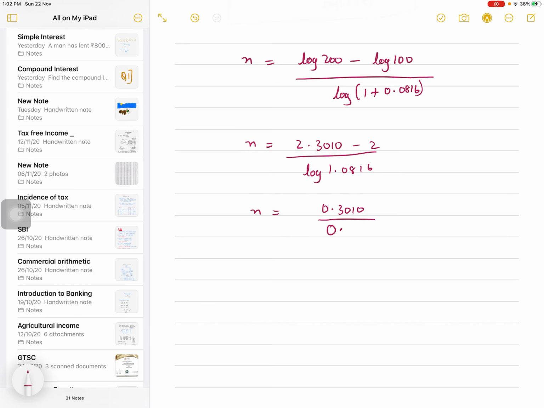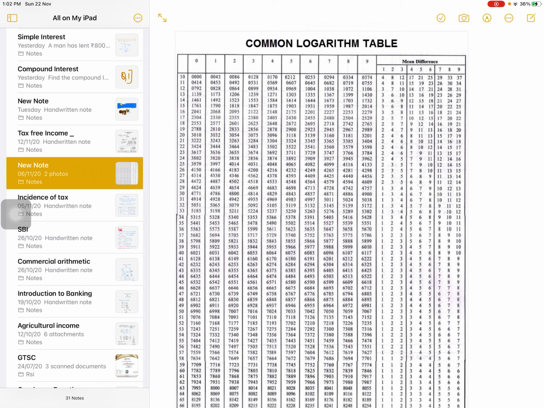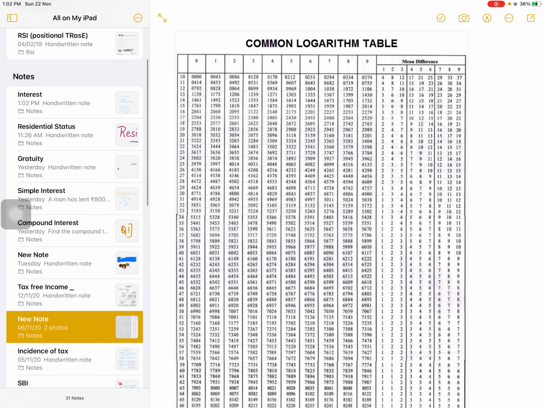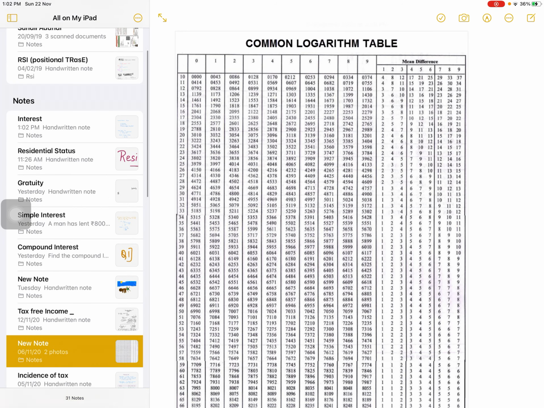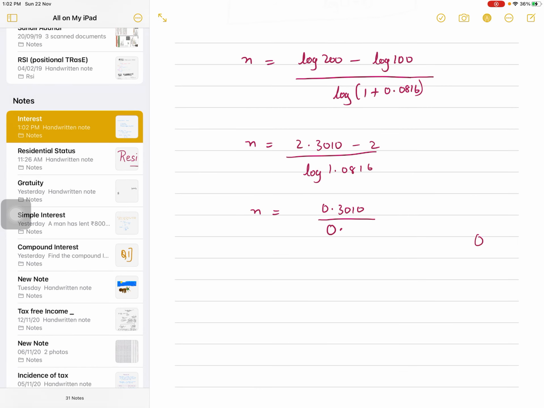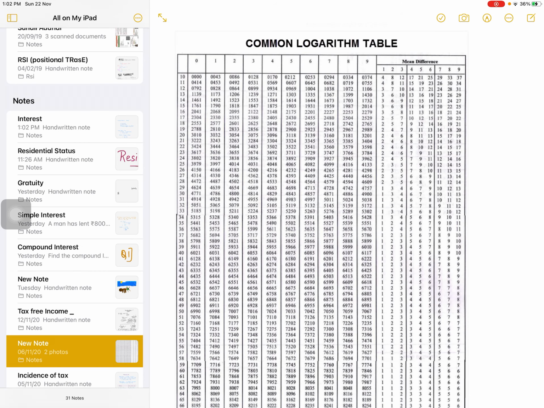So 10th row, 8th column is 0334. Okay, I'll write it down. 0334, and mean difference is 1, so that is 4.